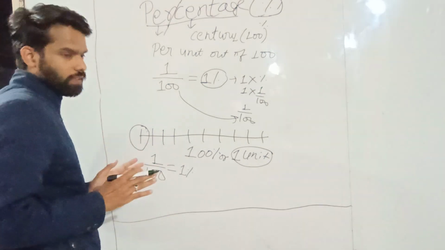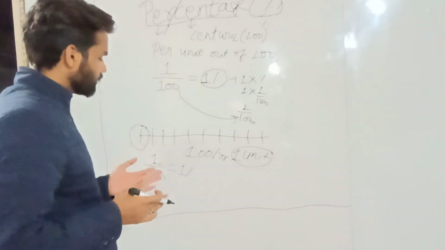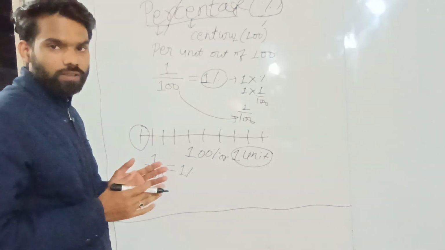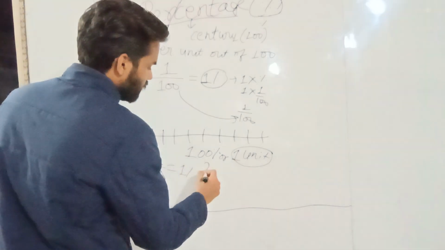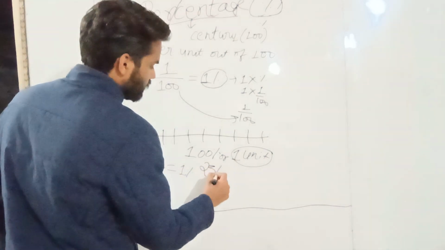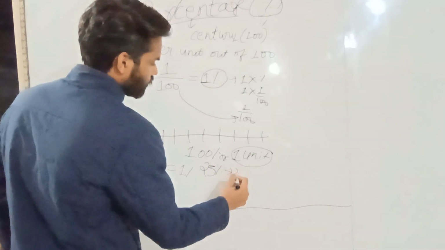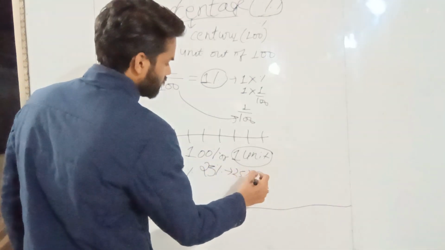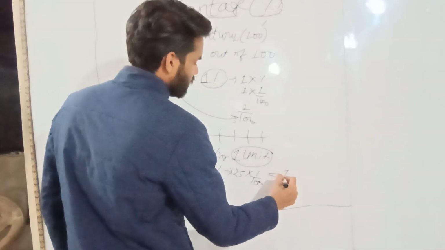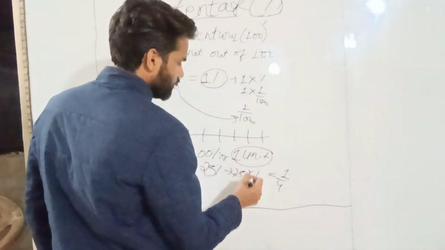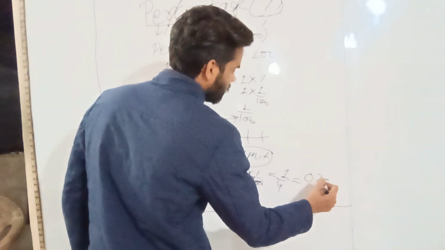So percentage is nothing, it is also a fraction. We can write as percentage, fraction and decimal. These all are twin brothers. Let me take an example. If there is 25%, this 25% can be written as 25 into this percentage symbol means 1 upon 100, or we can say 1 by 4, or we can write this 1 by 4 as 0.25.